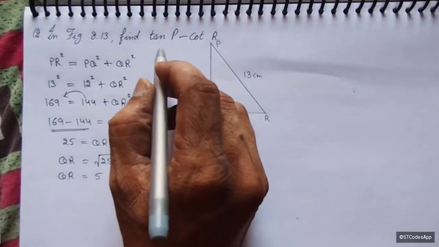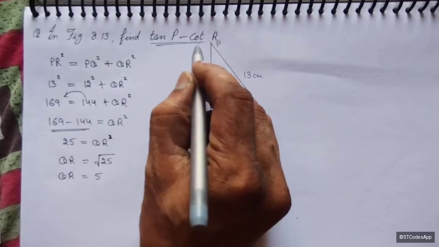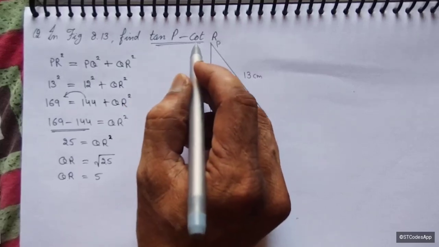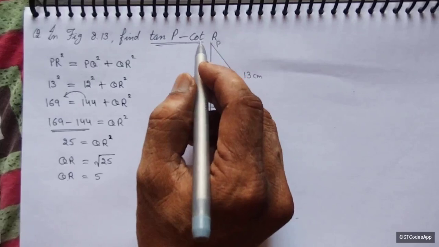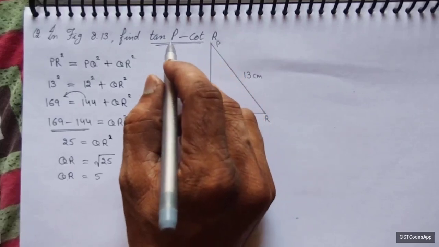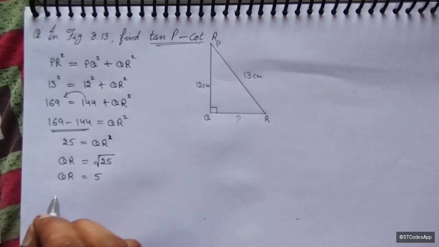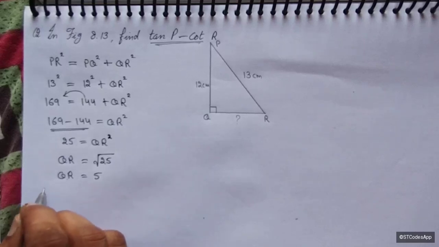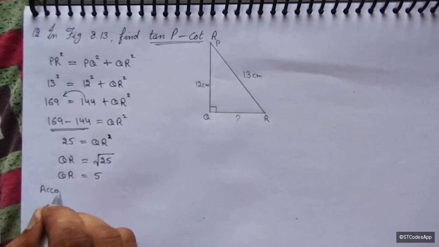Now come to the sum: tan P minus cot R. But first of all we have to find tan P. What is tan P?